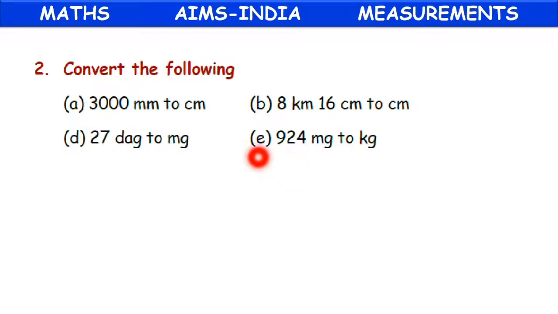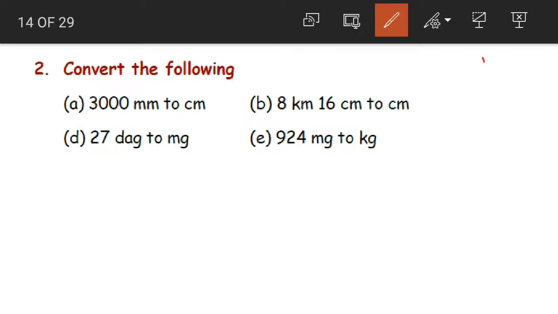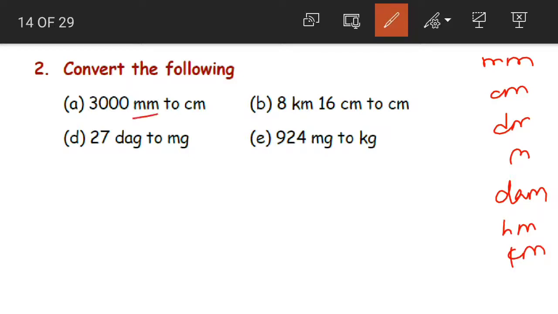Yes. Now coming to question 2, convert the following. Again, let us write the hierarchy. Millimeters, centimeters, decimeters, meters, decameters, hectometers and kilometers. Okay, now millimeters to centimeters. This is lower unit of measurement into a higher unit.